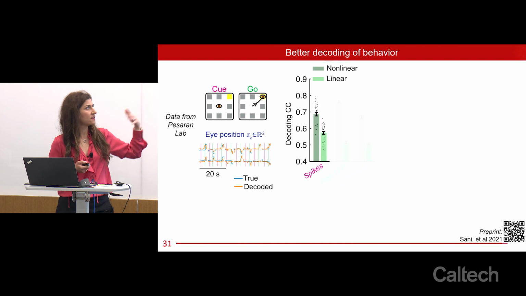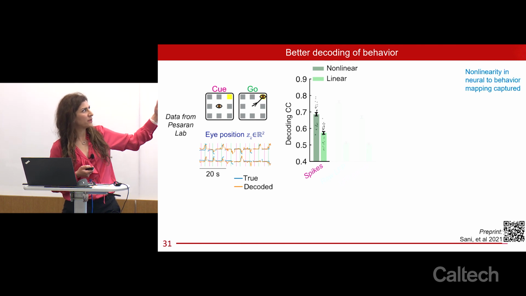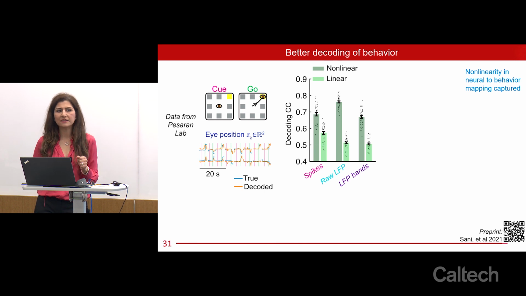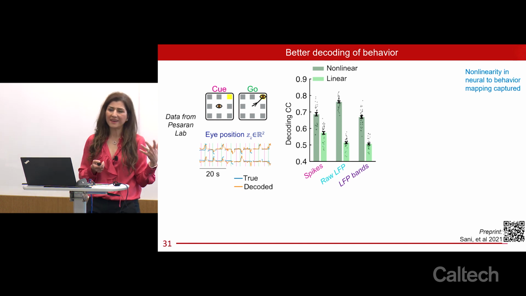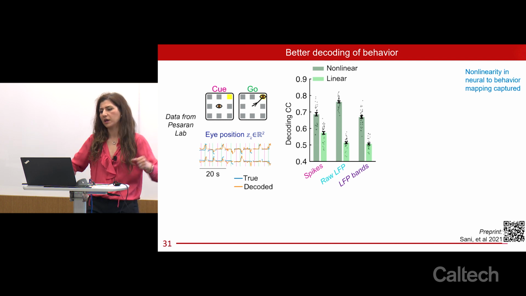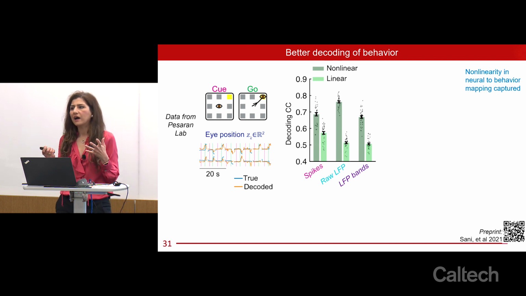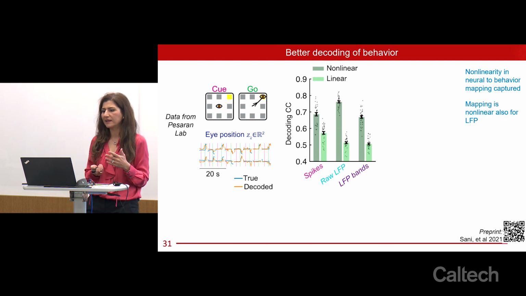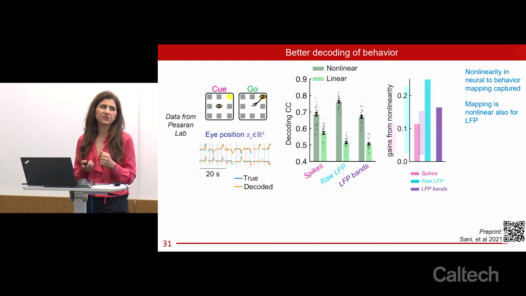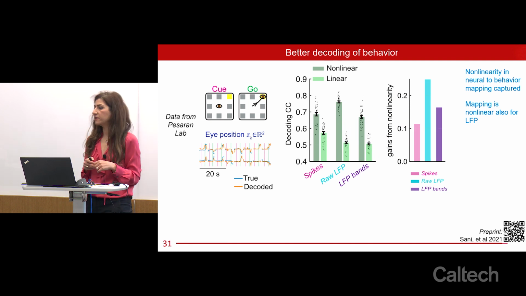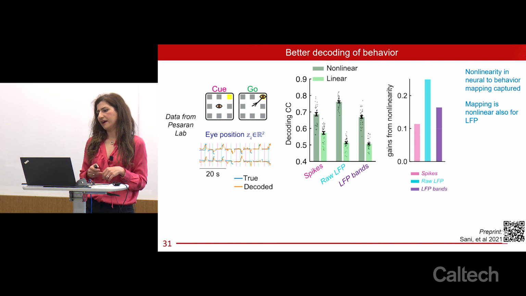And you can see that the nonlinear method actually did better, not only for spikes, but also for the other LFP modalities, implying that there indeed exists nonlinearity in the transformation from neural activity to behavior. This also allowed us to compare the degree of nonlinearity across these different modalities. And what we found interestingly was that raw LFP was the modality that benefited the most from nonlinearity.